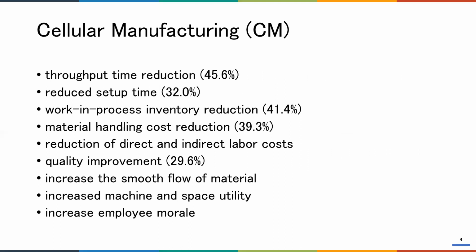And in the end, by having a better layout, we can reduce our material handling costs because we have not fewer movements, but shorter movements. And the literature also says that we can increase the quality of our product by having a better layout with cellular manufacturing.